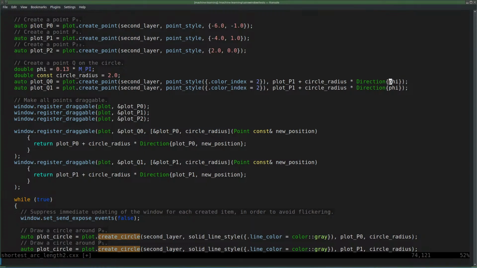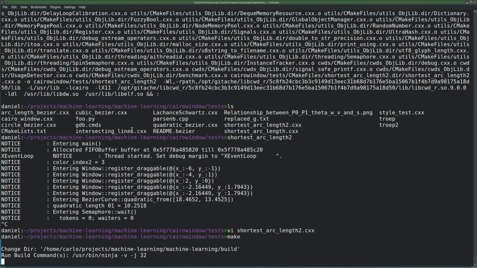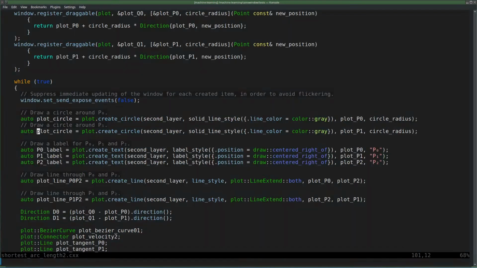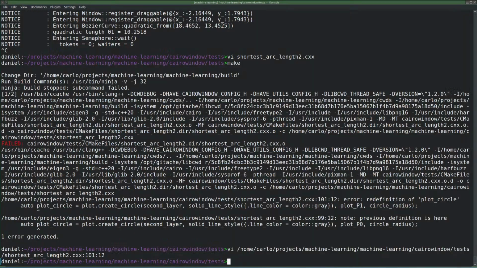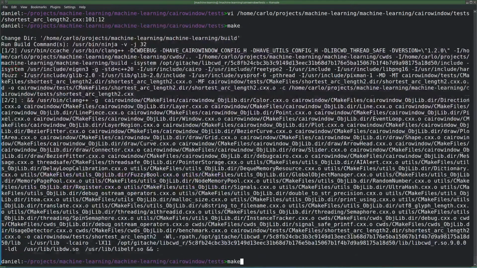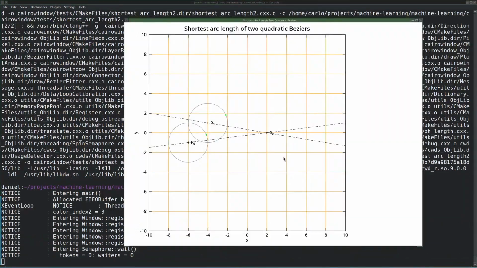Oh, that's why. It's on the same spot. Now it should be visible. Good.